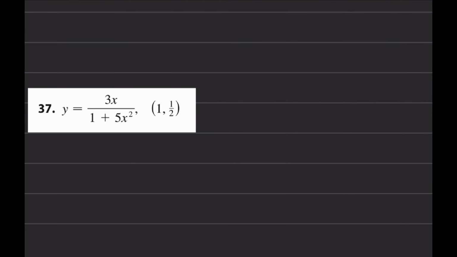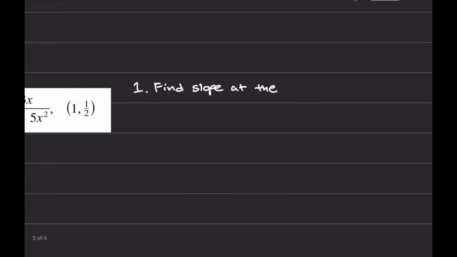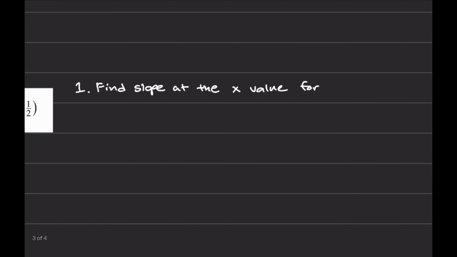This one, we've already gone over how to find the equation of the tangent line, so I don't think I'm going to be doing this one in today's lecture. But just to summarize what we did in the previous videos, you first need to find the slope at the x value for the tangent line.